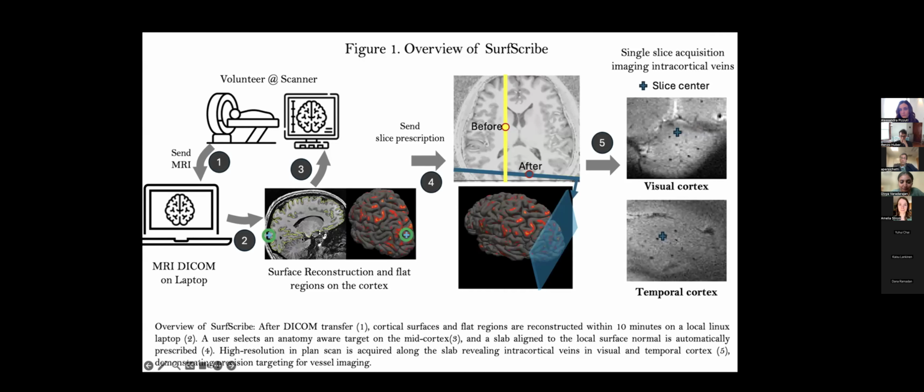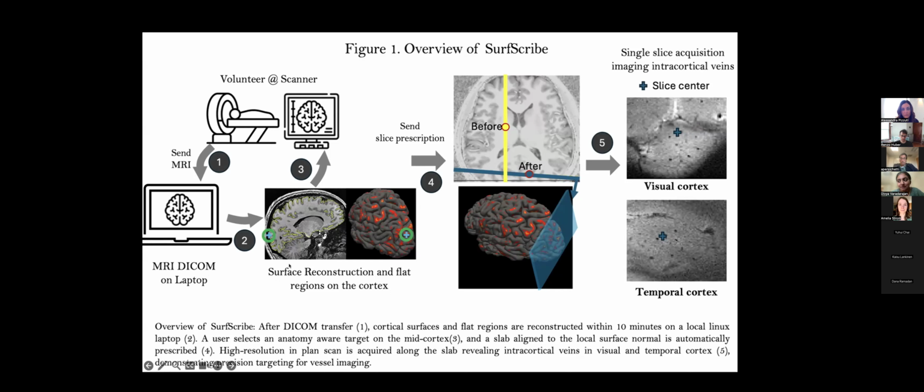And then we figure out, okay, this is where we want to put our slice. And we use the surface vertex and the normal value to automatically change the slice prescription or the field of view prescription at the scanner.